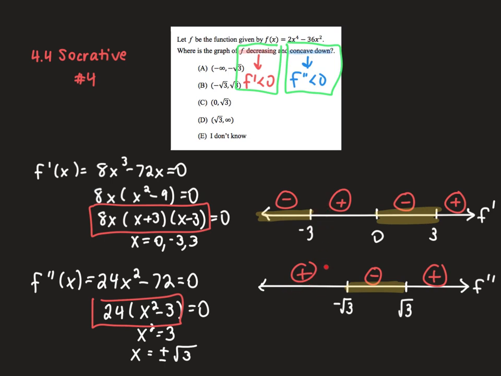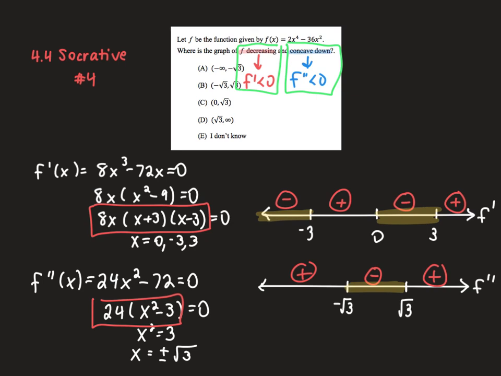And here, they're both positive in this region. Once I move past this negative square root of 3, now my f prime is positive, but my f double prime is negative. But once I move past 0, I can see they're both negative because they're both highlighted yellow in here until I get to this square root of 3, and then the f double prime isn't negative anymore.